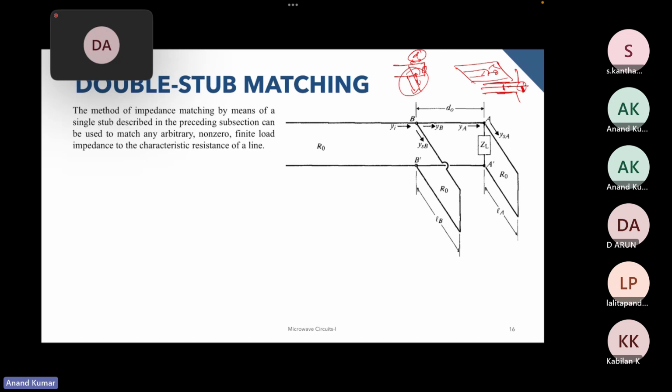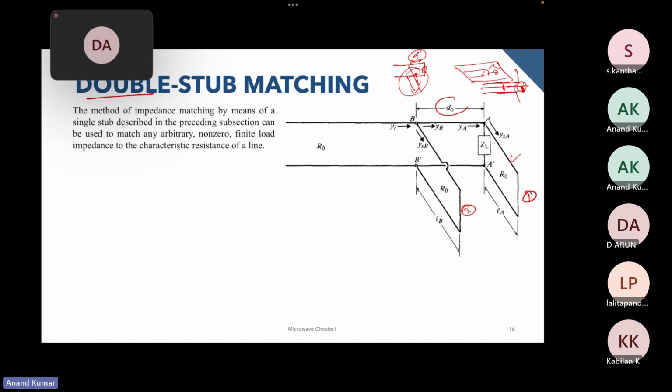So to get this flexibility, we can use a method called double stub matching. Over here, as you can see, there are two stubs, and by using this first stub, we can manipulate this distance d naught, which determines the distance between the two stubs.